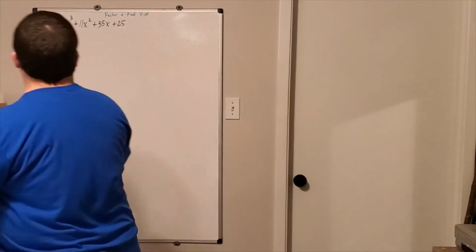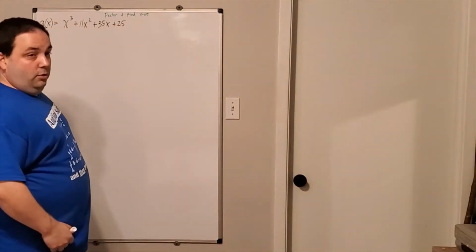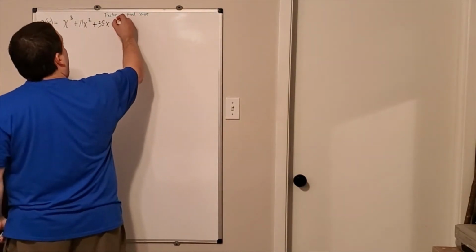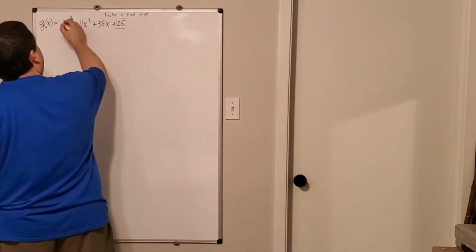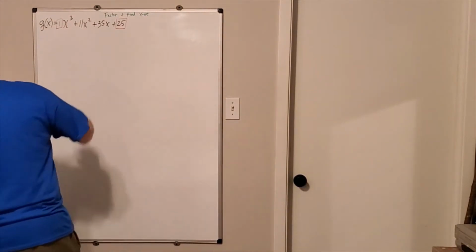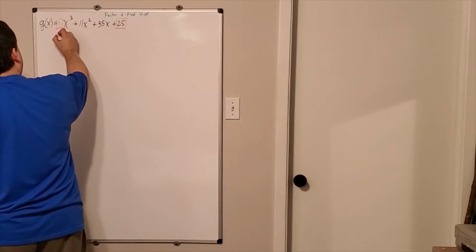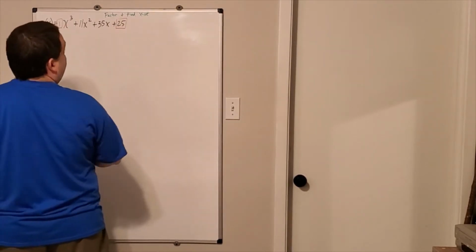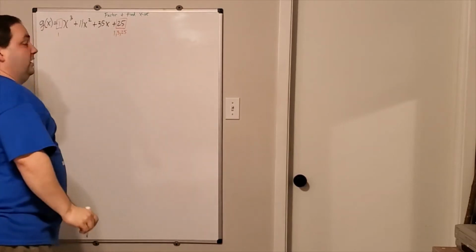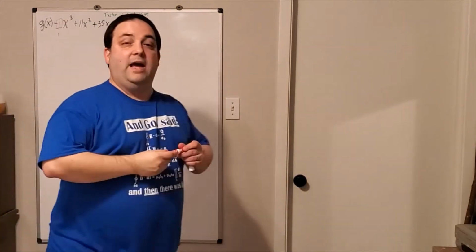I'm going to break down the first term and the last term, the P and the Q, right? Right here, what are the factors of 25? And right here, what are the factors of 1? Right? Factors of 1, just 1. Factors of 25, 1, 5, and 25, right? Those are my factors.